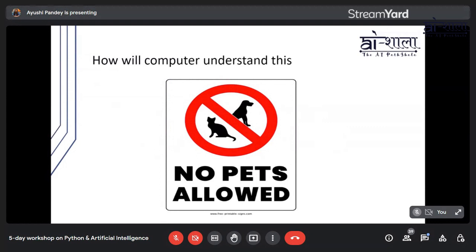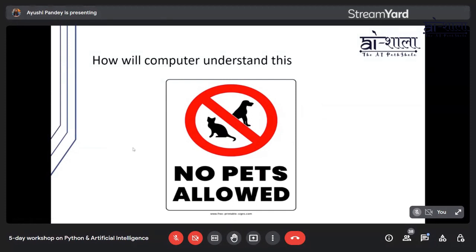Suppose there is a place, for example a metro station, a hotel, or some area where pets are not allowed, and there is a sign saying pets not allowed. If people have to stand there to check, that takes a lot of resources.